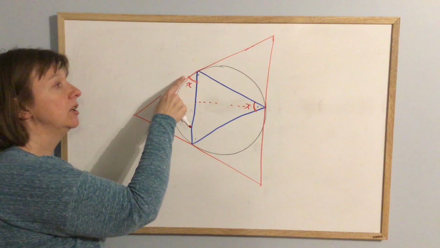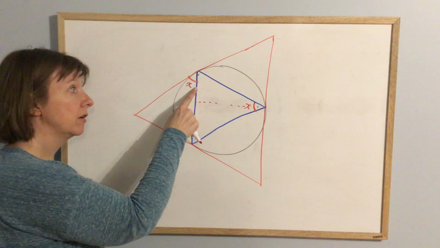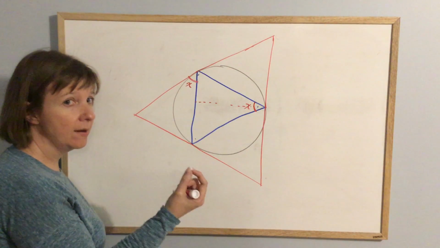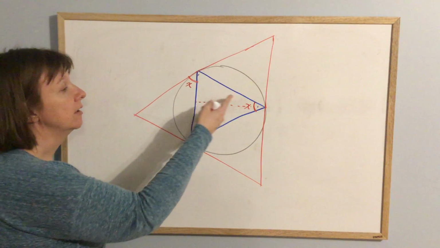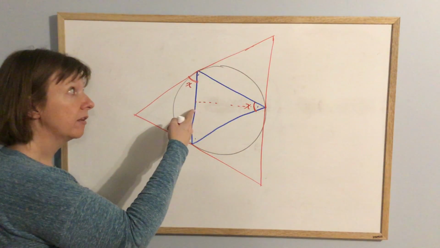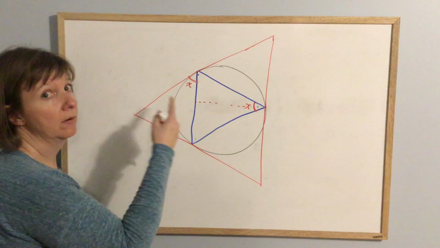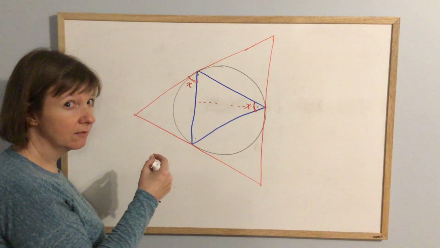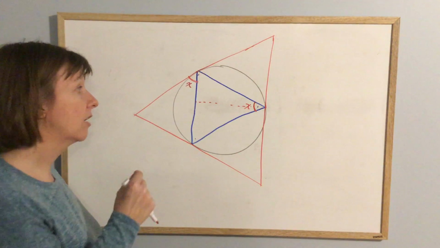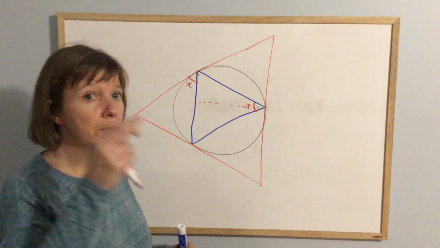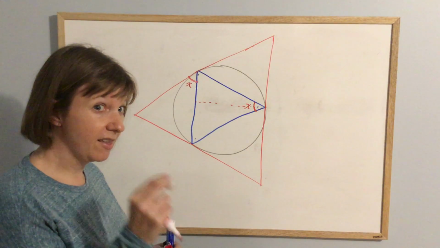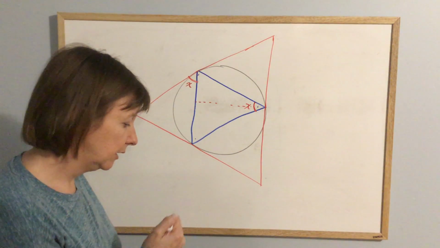The angle between a tangent line and a chord is equal or the same as the inscribed angle that's across from that chord. Got it? I said it as slowly as I could. If you need to, back it up and listen to me say that a couple more times.